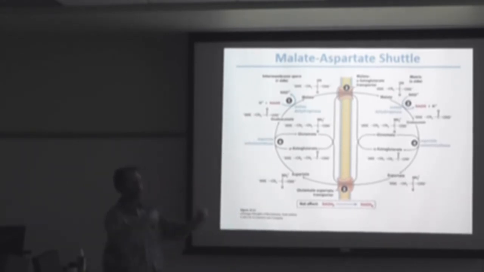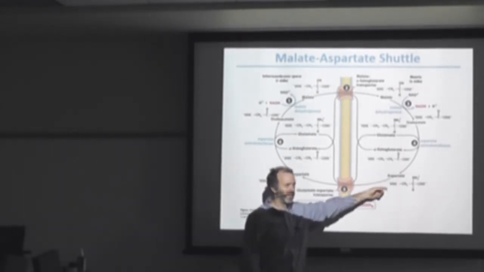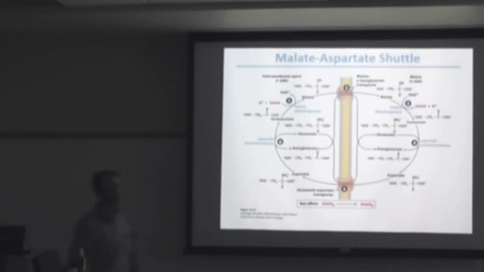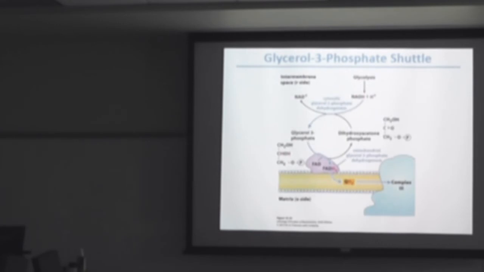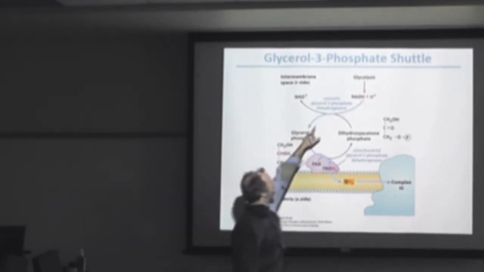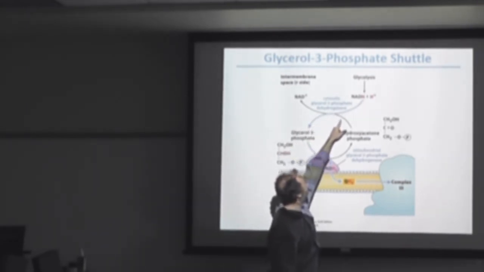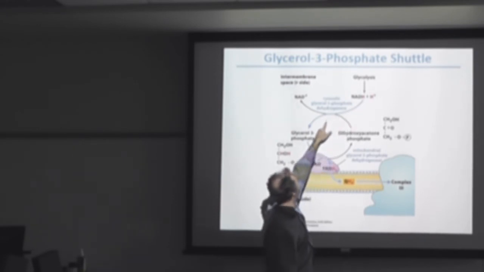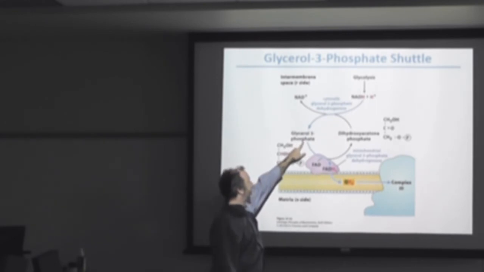And it's a cycle just to get electrons from glycolysis and other processes that happen in the cytosol into the matrix. And then there's the glycerol 3-phosphate shuttle, which is another way to get those electrons. So with glycolysis, glycerol 3-phosphate dehydrogenase can take the electrons and dihydroxyacetone phosphate to form glycerol 3-phosphate.